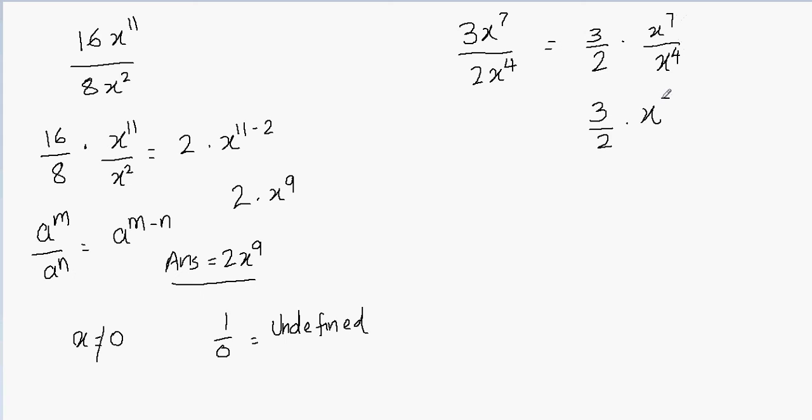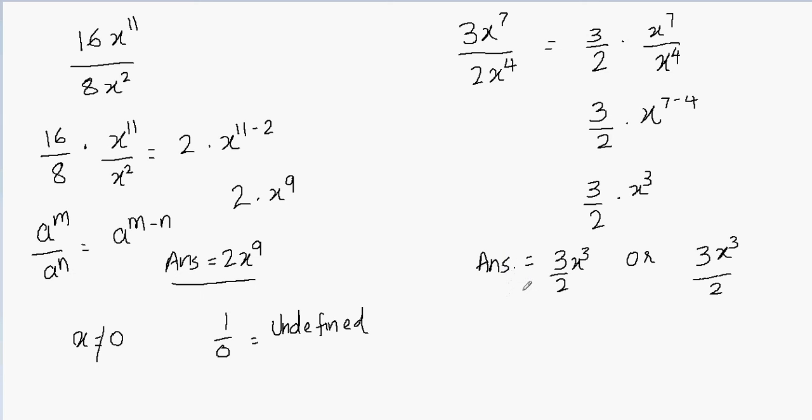So I'm going to write this as 7 minus 4. So this will be equal to 3/2 times x to the power 3, since 7 minus 4 is 3. So I can write this as x cubed. My final answer will be 3/2 times x cubed, or you can write this as 3x cubed over 2. Both the values are the same. This will be my final answer in case I just need to simplify the rational expression.